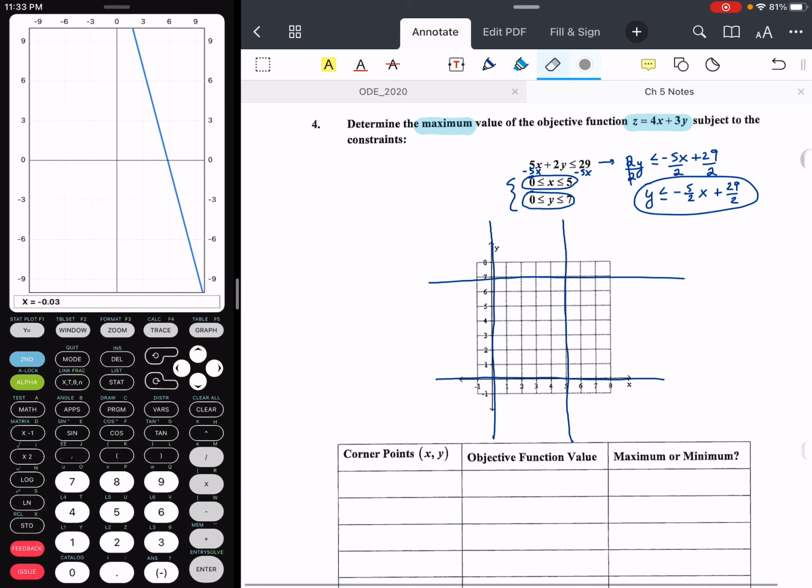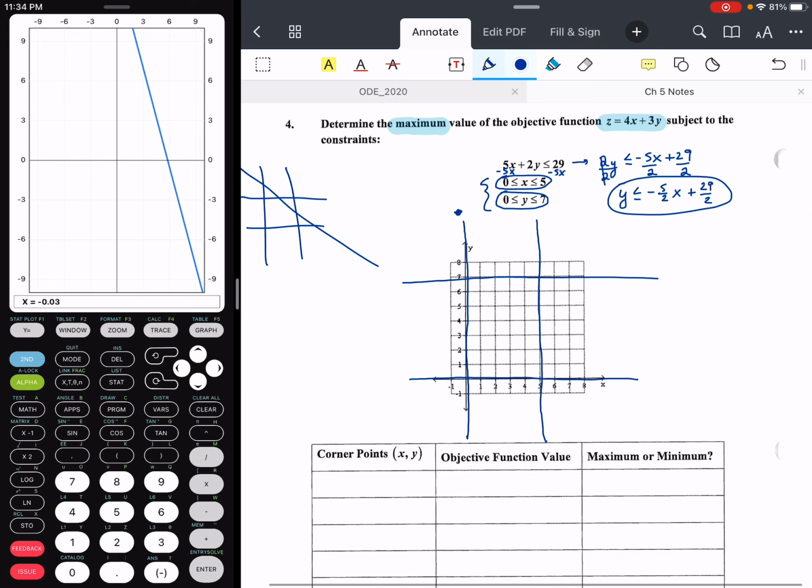So here's, just so I don't mess up my graph, here's my box over here. Because 14.5 is up here somewhere, this is going to be my y-intercept. I have a negative slope, so I'm going to come down something like that, right? This is what I'm expecting.